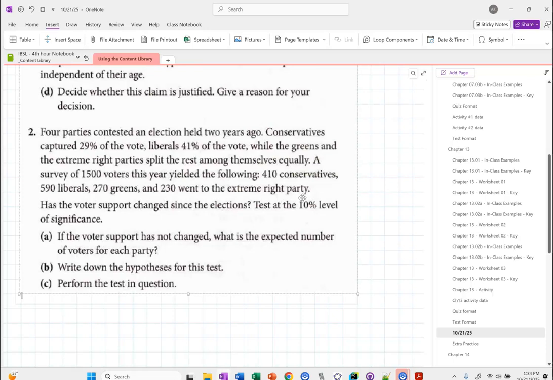The percentages. That's the known distribution. Right? And then you have this survey data that we want to calculate or compare to the known distribution.